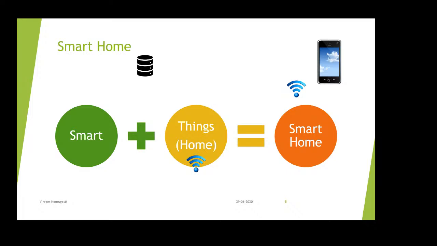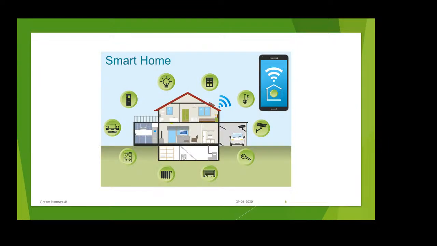So from any remote place, we can switch on and switch off, or monitor the things. Whatever data comes from the things is stored in a cloud. This is how the whole smart home works.